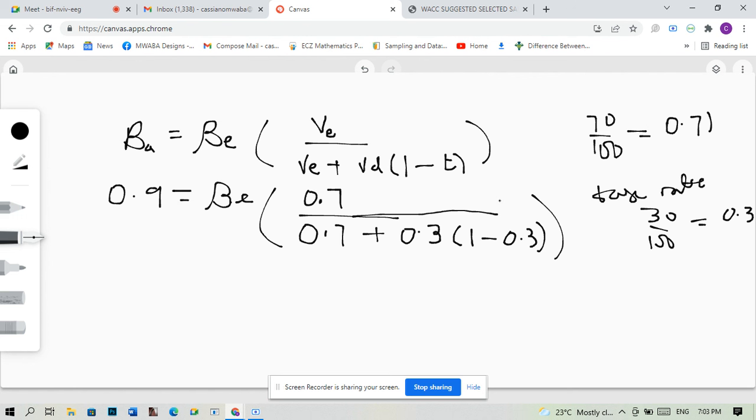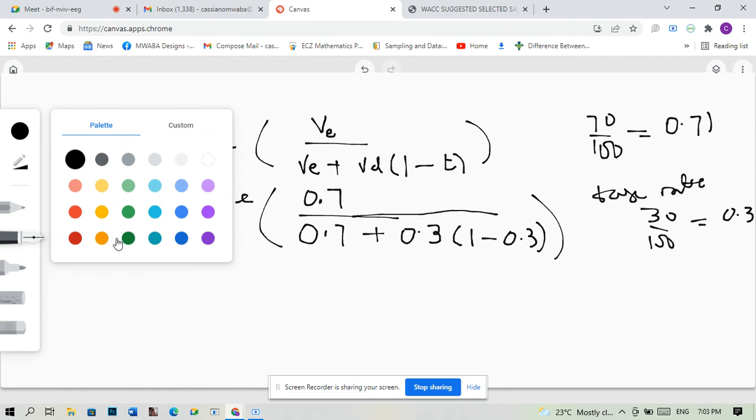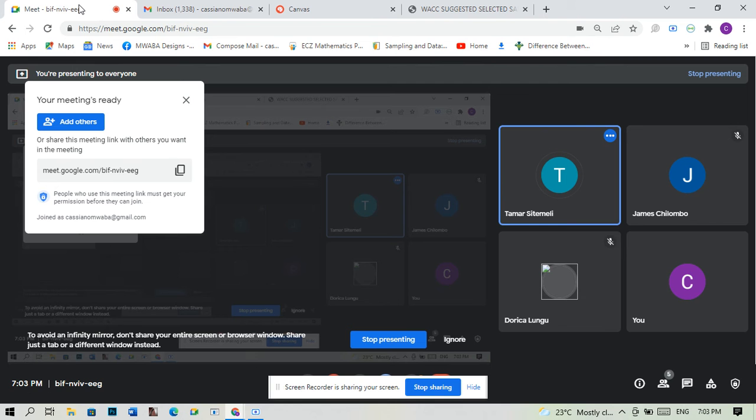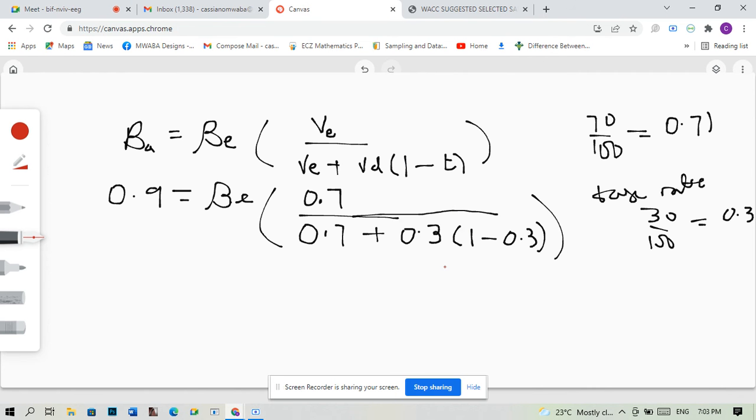Okay, let's do it together. So say 1 minus 0.3, we get 0.7. So 0.3 times 0.7, we get 0.21 here.